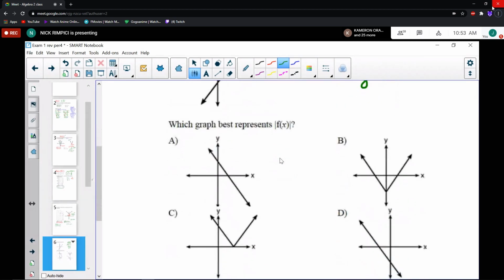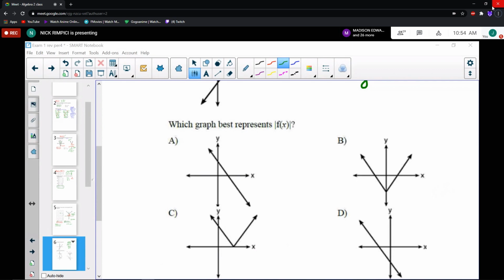And if you look at the answer choices, there's only one answer choice that could possibly make sense here. Anybody want to take a wager at which one could possibly make sense? There's only one choice where the graph is completely above the x-axis. Anybody want to vote on it?